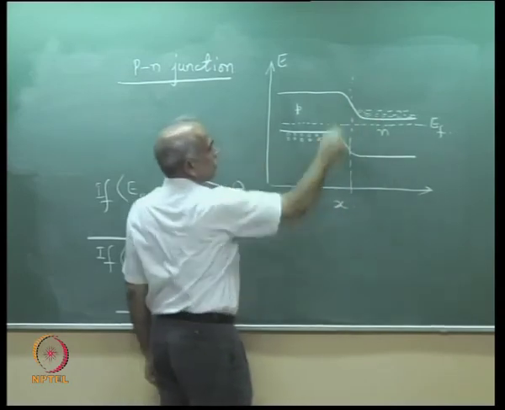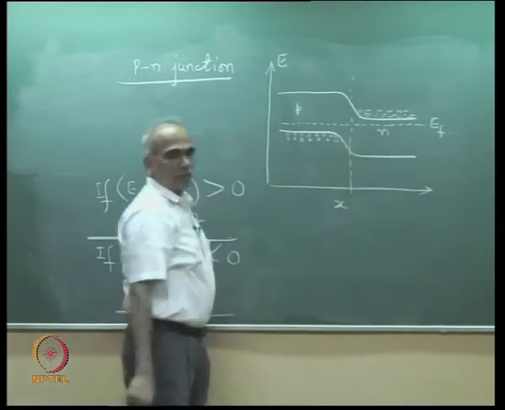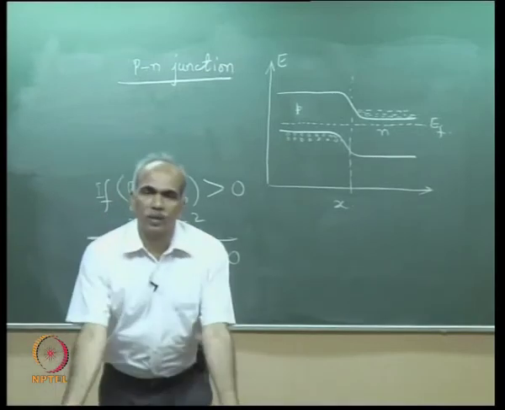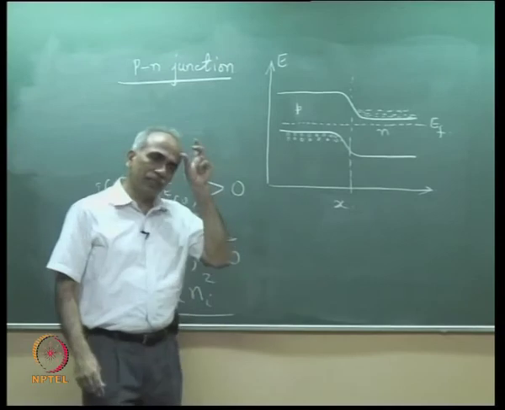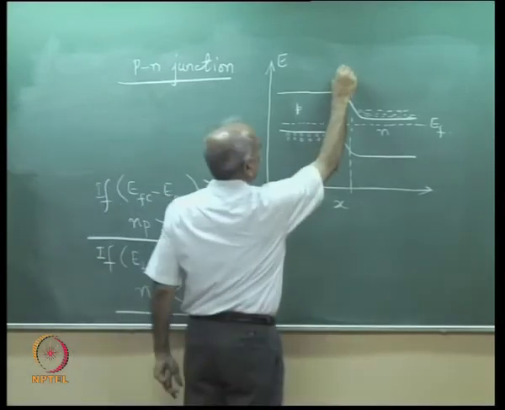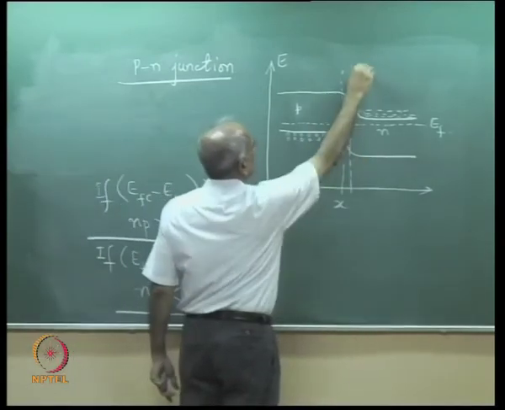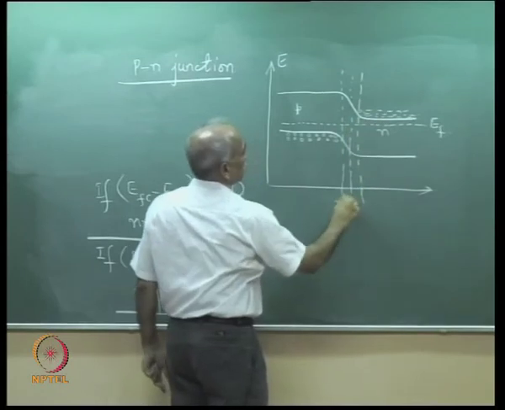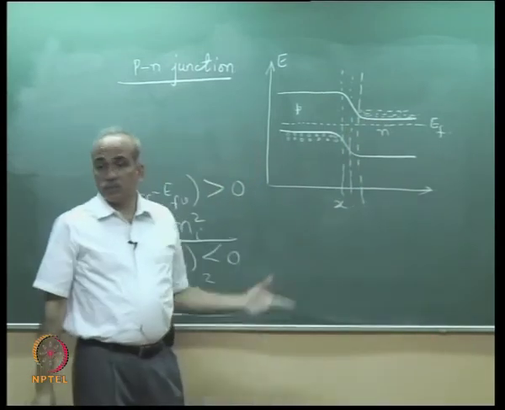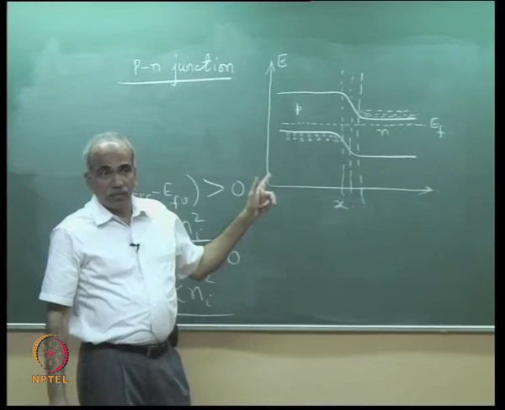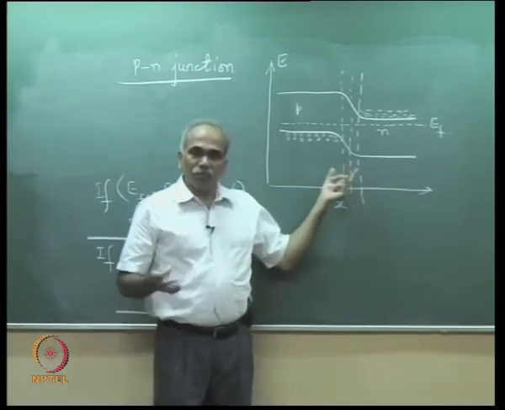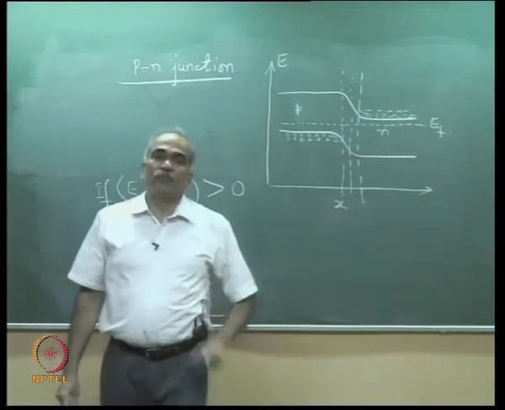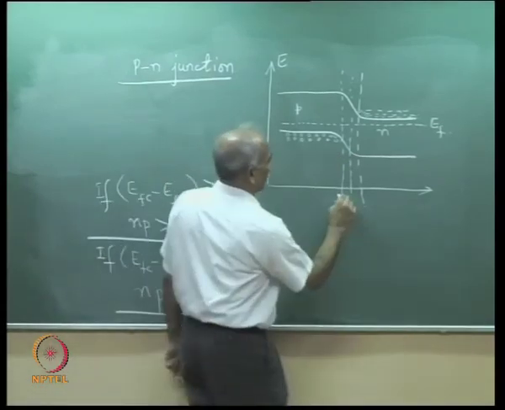And near the junction there are very few electrons and holes, which we usually call the depletion region. In electronics, we usually call this region the depletion region. But in optoelectronics, we don't call it the depletion region, because for optoelectronic devices, this is the most important region, and we call it the active region.